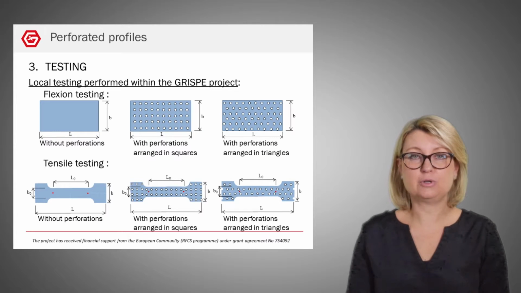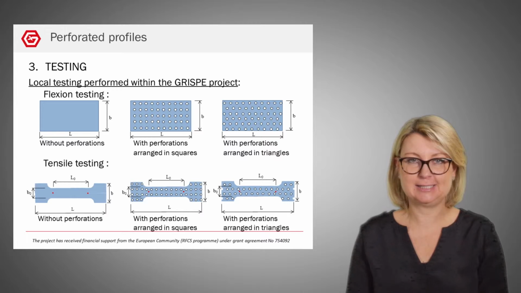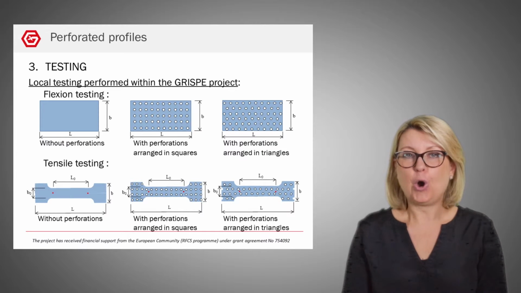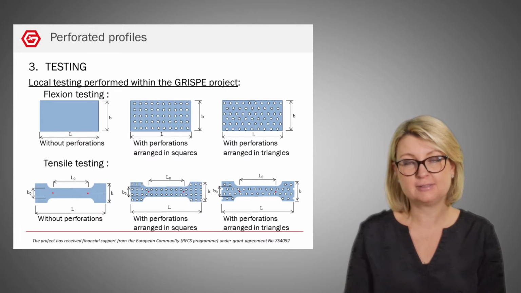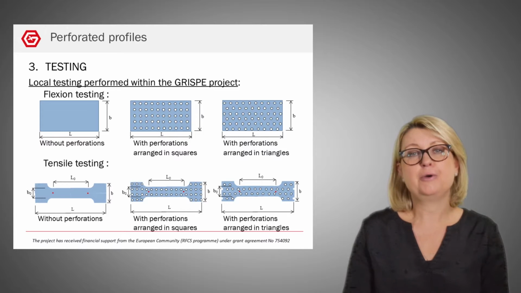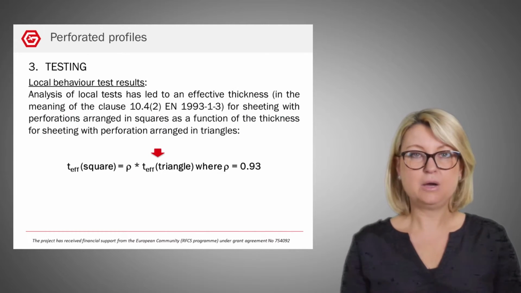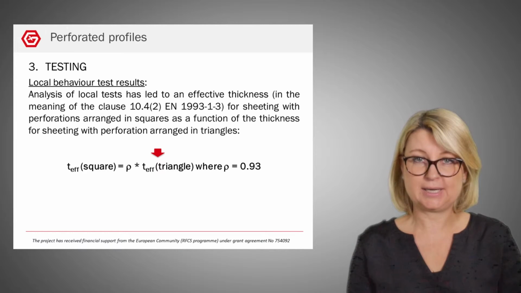Here is a view of the local testing samples. Flexion and tensile testings were performed on samples without perforations, on samples with perforations arranged in squares, and on samples with perforations arranged in triangles. Now look at the local testing results.